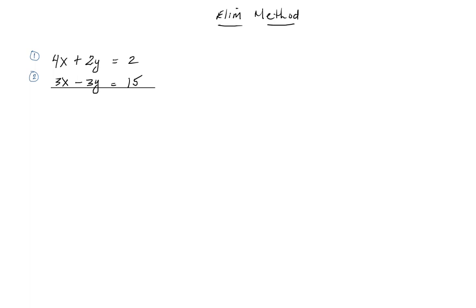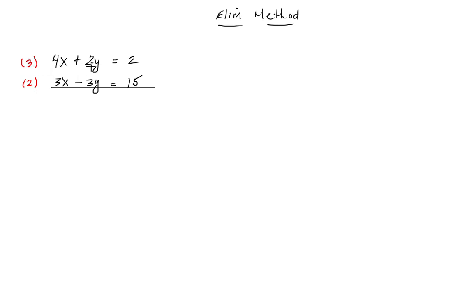What I have to do when I'm doing the elimination method is get one of the variables eliminated, canceled out, if you will. And I realized that if I decided to multiply this by 3 at the top, and multiply equation 2 by 2, what would happen among other things?